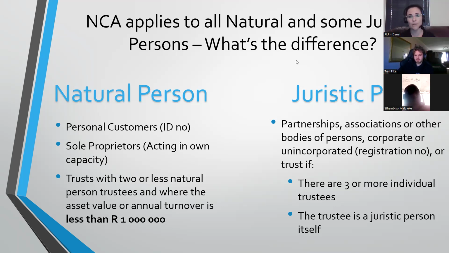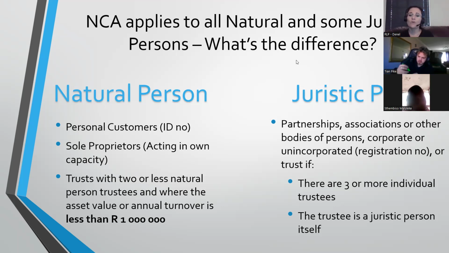That's a juristic person. But once again, they do have to add another spanner in the works, and they say that a trust can also be a juristic person. But in this scenario, the criteria is different. With a natural person, remember two or less, and the annual value or asset value is less than 1 million.